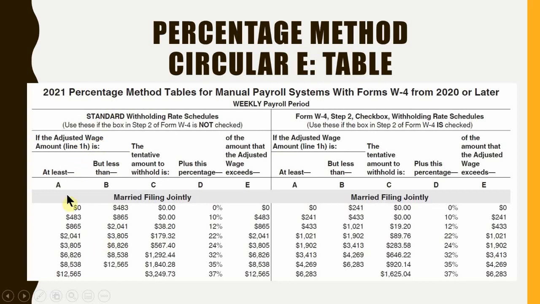You're going to look at how much an individual earns, and if they earn more than, but less than, whatever row they fall into, then you're going to go through here. This is how much money the government is going to take from you automatically. This is how much tax you're going to pay for any dollar extra over what you've earned. And this is the amount of money that the government lets you keep. Okay? So let's go ahead and do an example.